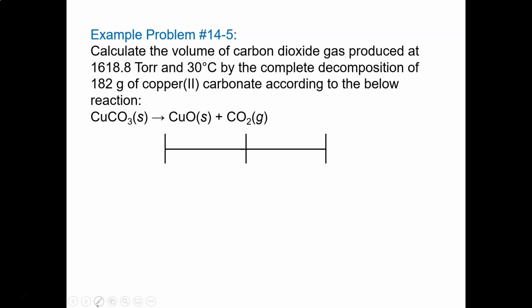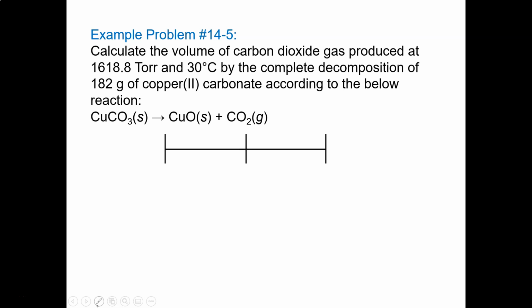Alright, the last example problem is the one in your notes, and I'd like for you to do the majority of the work here. I'll set up everything for you, and then you can see whether or not you understand the process by attempting this on your own. So first of all, let's label our 4 different variables in a gas law.